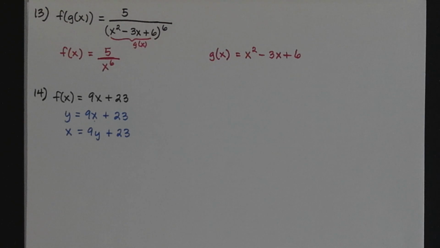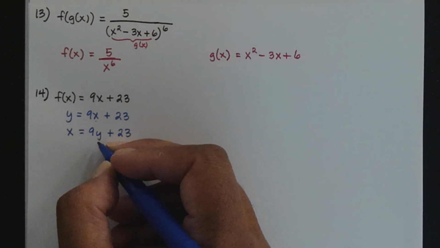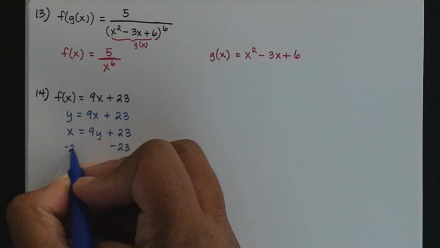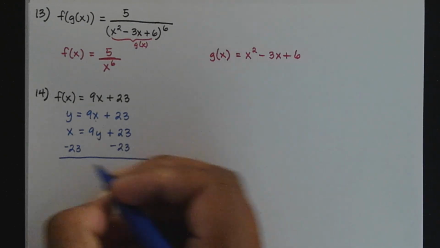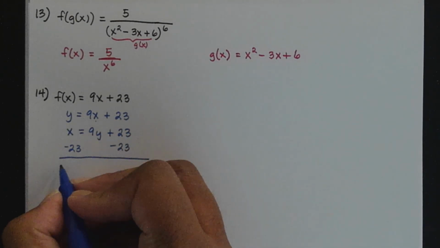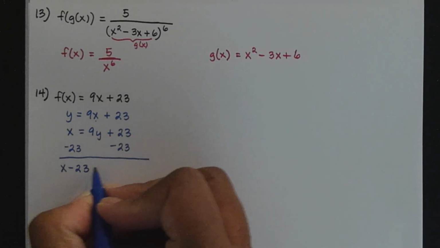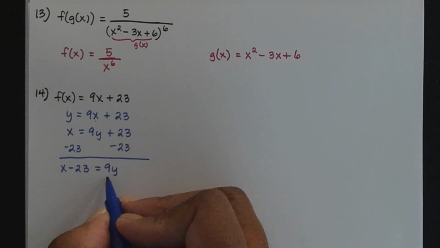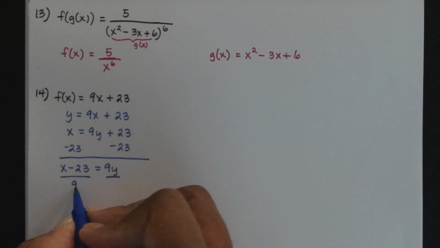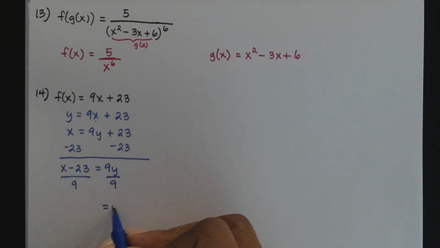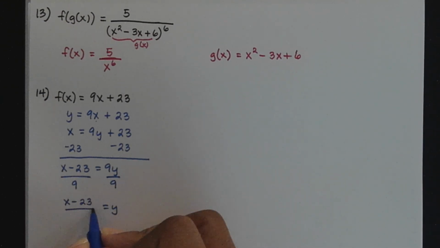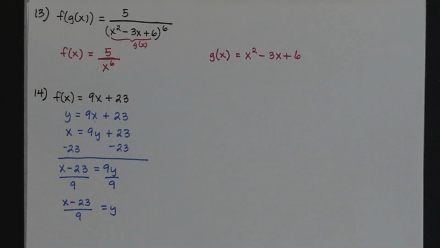Step number 3 is to solve that equation for y. So I need to get y by itself. We'll start by subtracting 23 on both sides, so this will be x minus 23 is equal to 9y. Then to get y by itself, we divide by 9. So y is equal to x minus 23 divided by 9.